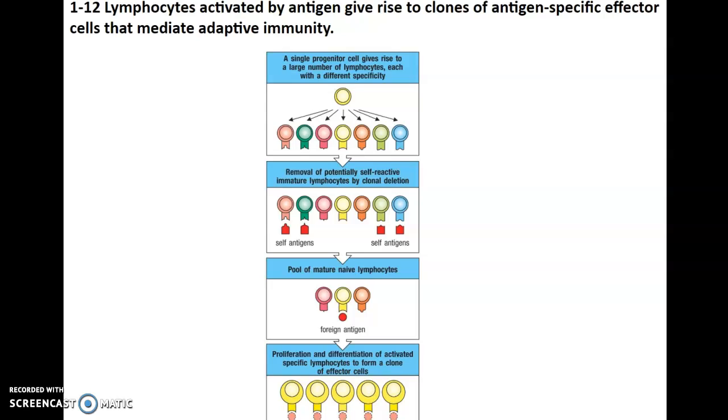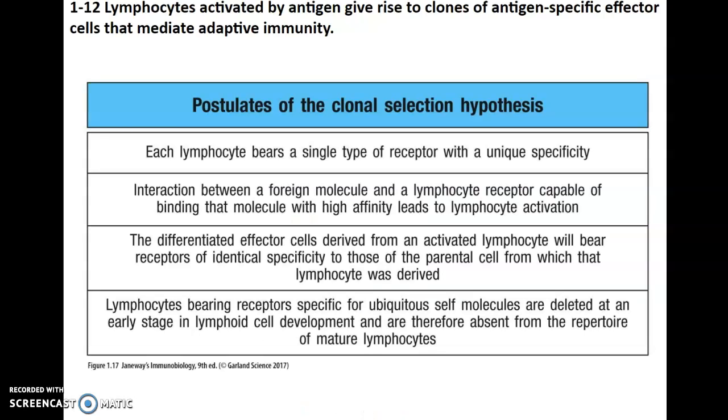So the B cell and T cell receptors are specific for antigens, produced at random, and therefore create a wide variety of things that they are against. The clonal selection hypothesis says that each lymphocyte has a single receptor that has a unique specificity.